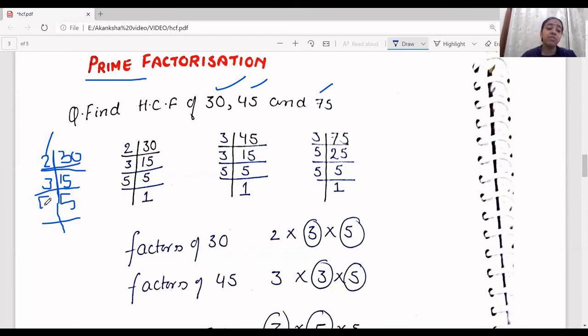So, is 5 divisible by 5? Right, it is divisible by 5 and therefore you get 1 at the end. So, this is how you find the factors. You first factorize 30.